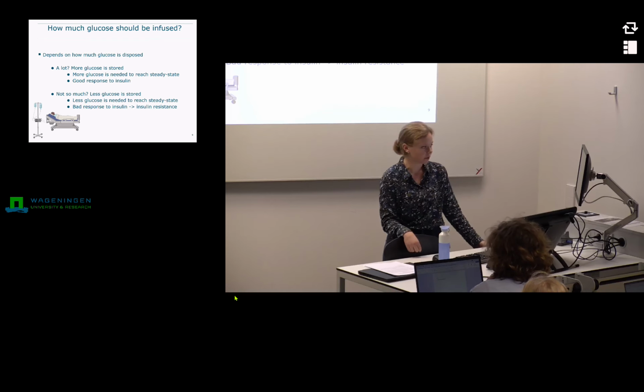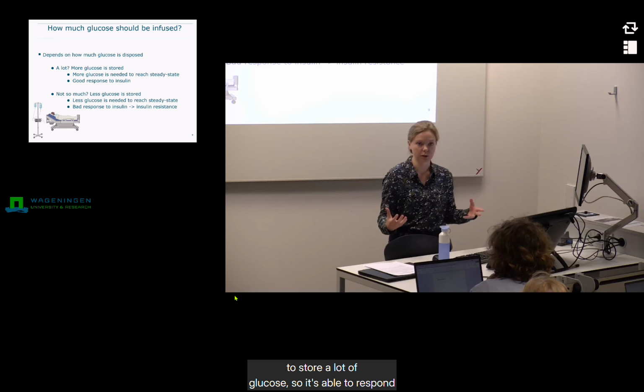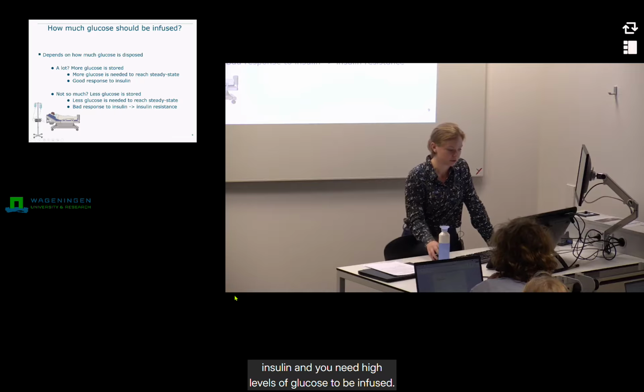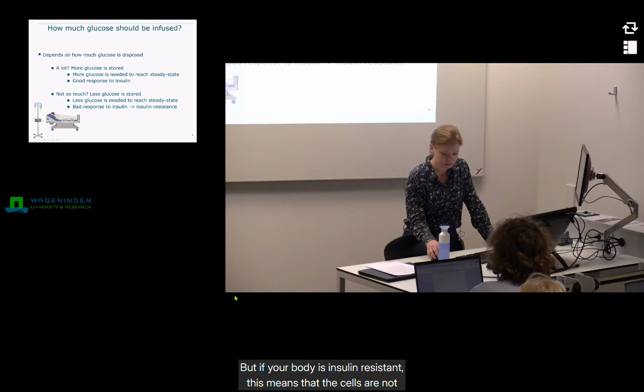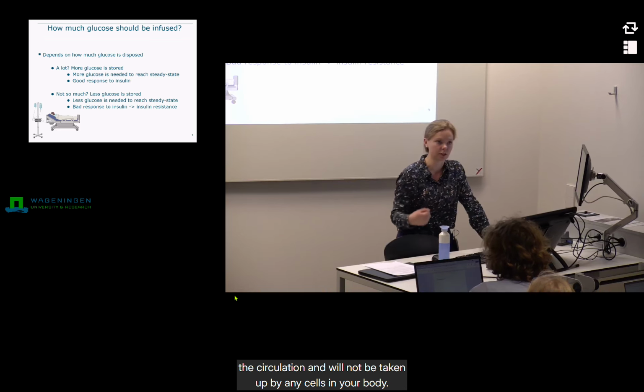If your body is able to store a lot of glucose, so it's able to respond to insulin very well, then you have a good response to insulin, and you need high levels of glucose to be infused. But if your body is insulin resistant, this means that the cells are not able to respond to the level of insulin that is supplied, and you do not need so much glucose because it's just staying in the circulation and will not be taken up by any cells in your body.